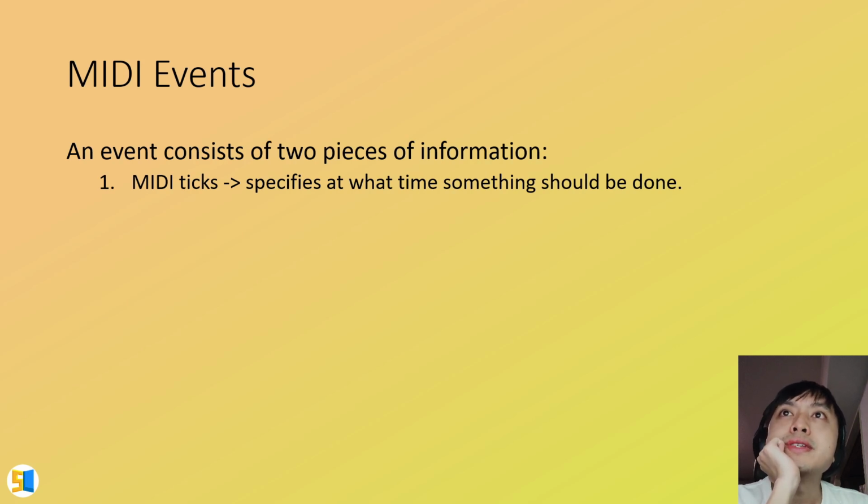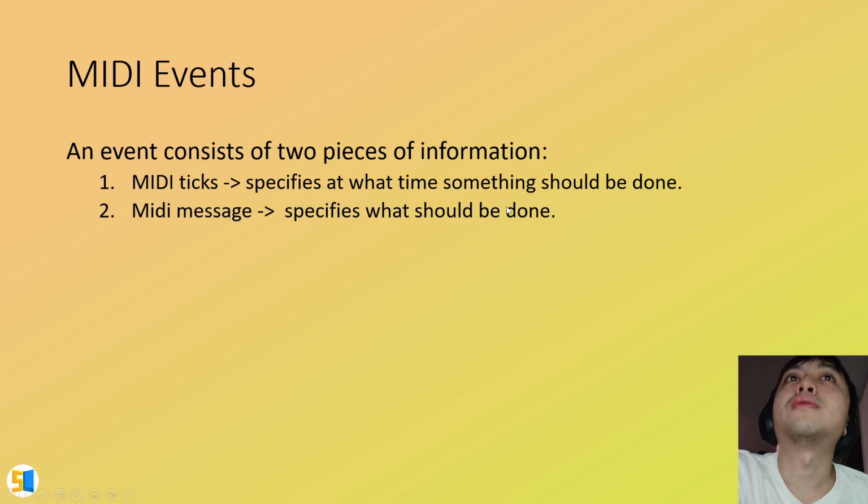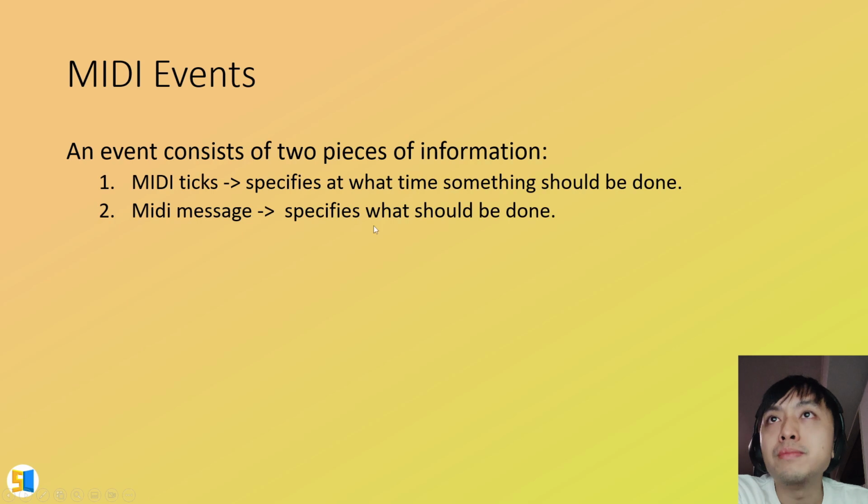It basically specifies at what time something should be done. The second piece is the MIDI message. It specifies what should be done. Okay, the MIDI message specifies what should be done. MIDI Ticks specifies when this message should be done, right?